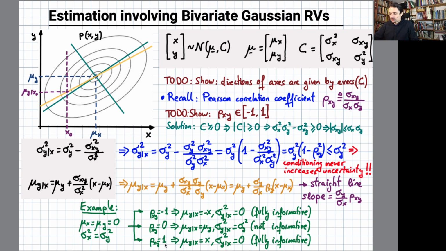This is the case whenever the absolute value of the Pearson correlation coefficient equals 1, right? This can be seen from this expression, because then the second coefficient will be 0. Okay.